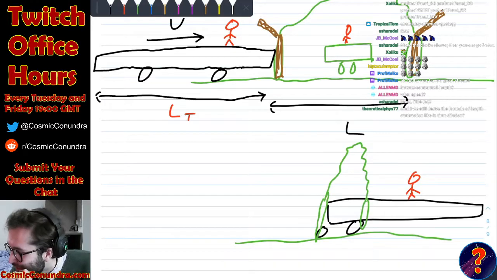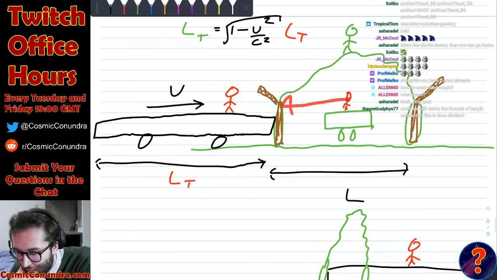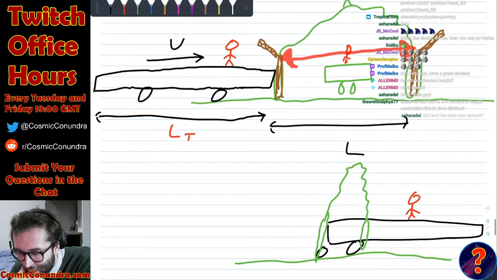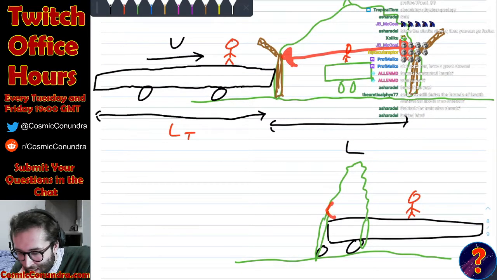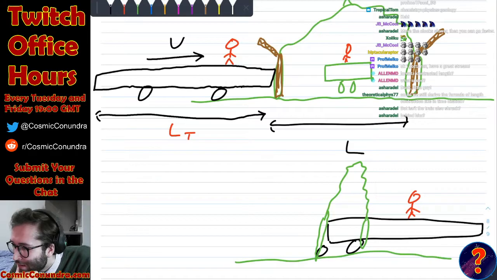But that's not the case because the difference in spatial distance between these points translates into a difference in temporal distance between when these things close. In Theoretical Phys 77, we will still derive that. This was just a brief detour for the lovely folks that came from Prof. Melko's stream.